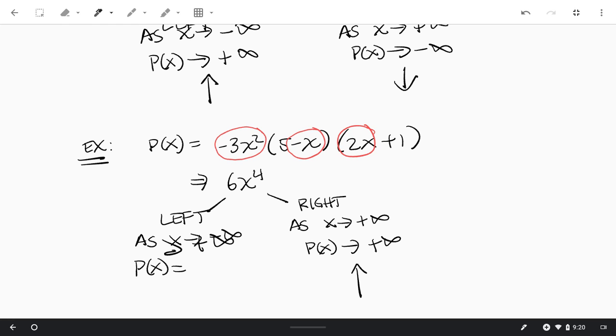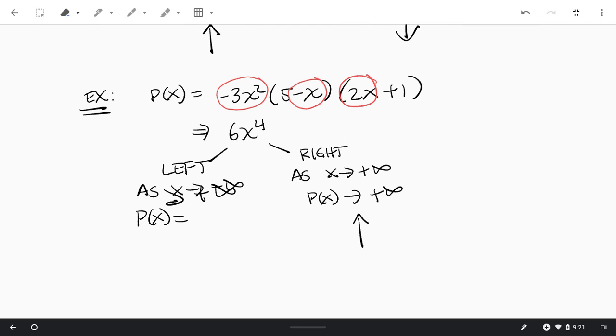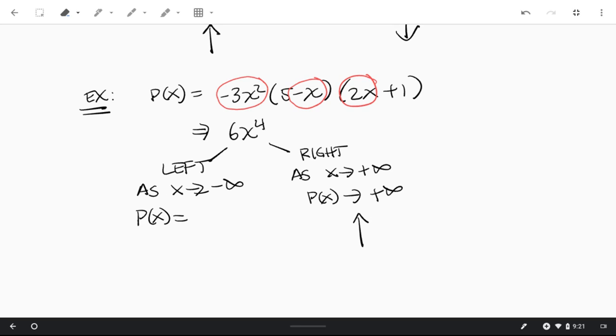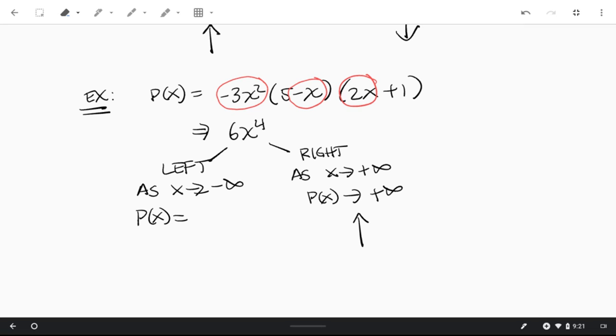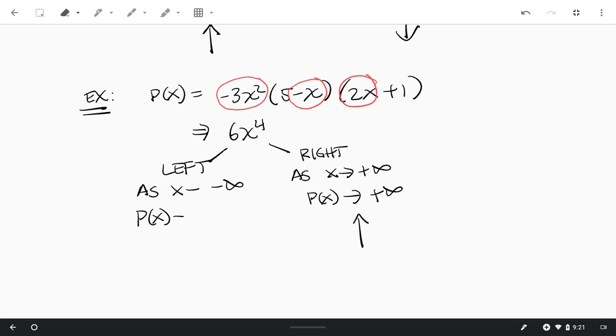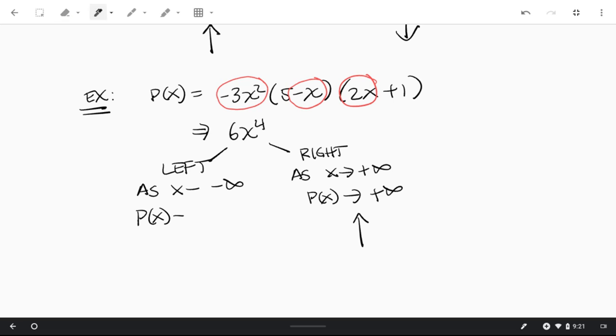Hold on, let me erase that and write it a little more clearly because my screen moved. There we go.